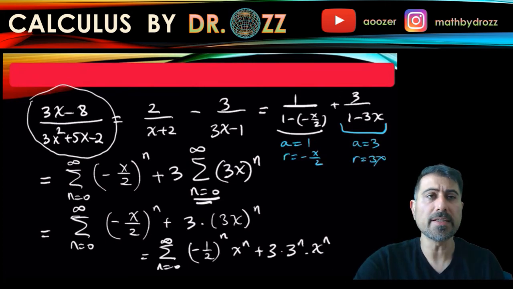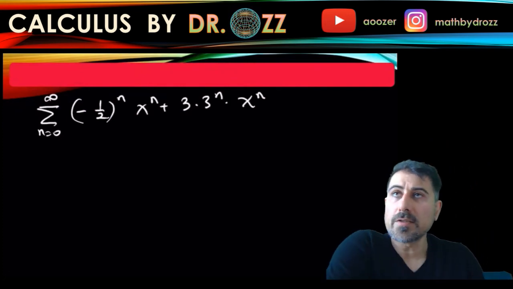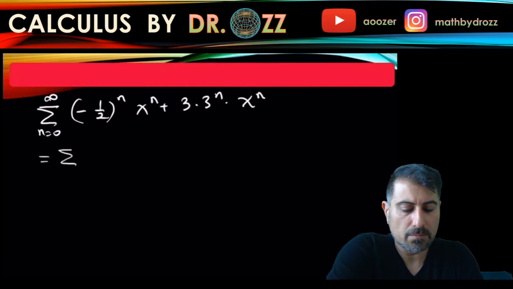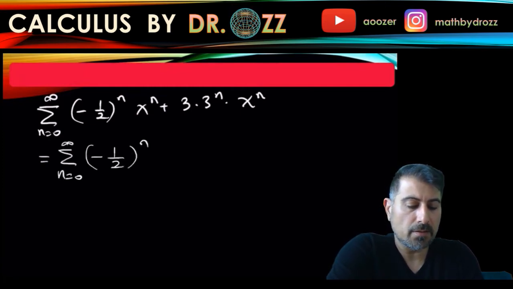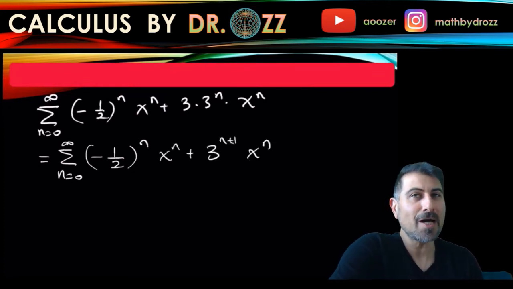Let me just go to the next slide. All right, I just copied that down here. So let's simplify this further. Well, this is negative 1/2 to the n, x to the n, plus 3 to the n plus 1, x to the n. Now x to the n is a common factor.